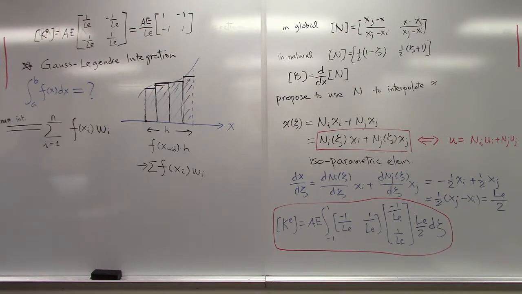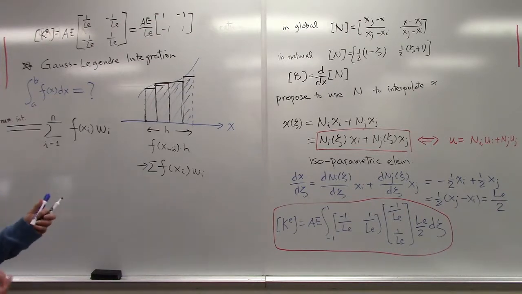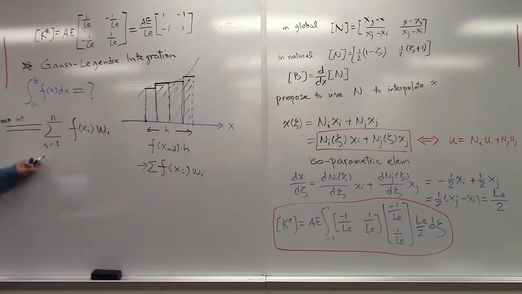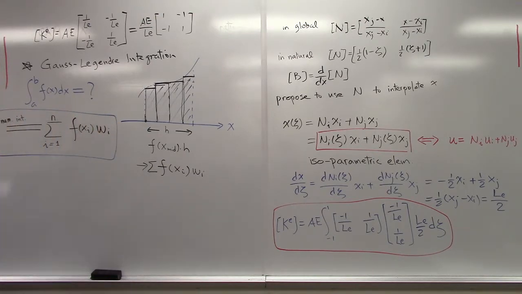Okay, so that is the numerical integration form in principle. In fact, all the numerical integration formulas can be expressed this way. It doesn't matter whether it's the midpoint formula, the trapezoidal formula, the Simpson's formula, the more elaborate Newton-Cotes formula, and the Gaussian formula that we're going to talk about here. Okay, so this is a generic form for all numerical integration.